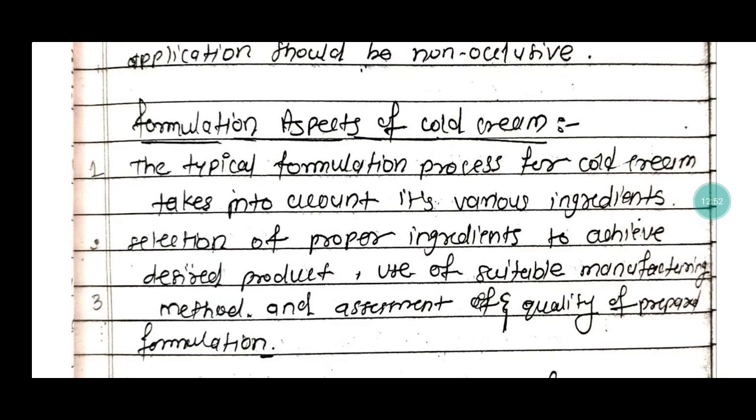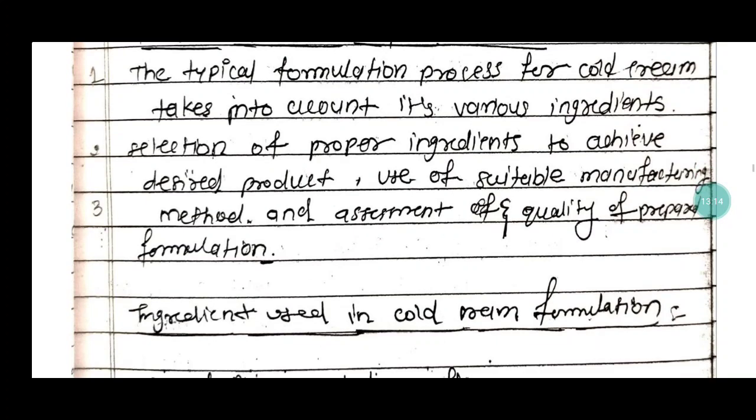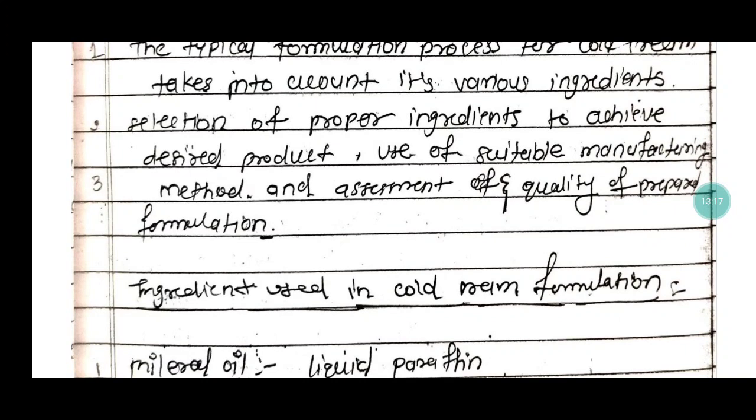So the formulation aspects of a cold cream. What are the formulation aspects of the cold cream? It is a typical type of formulation process for the cold cream which takes into account various ingredients, where the selection of proper ingredients is needed to achieve the desired product, along with suitable manufacturing, the method and the assessment and quality of the prepared formulation.